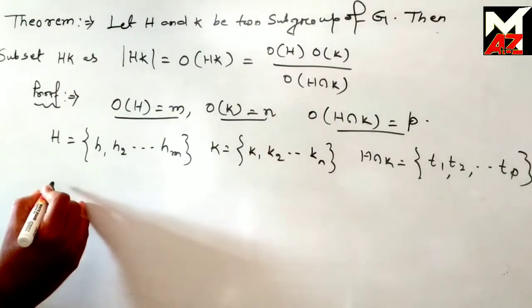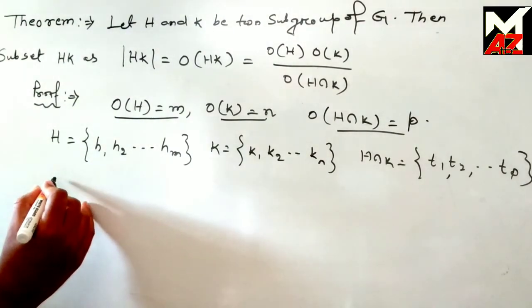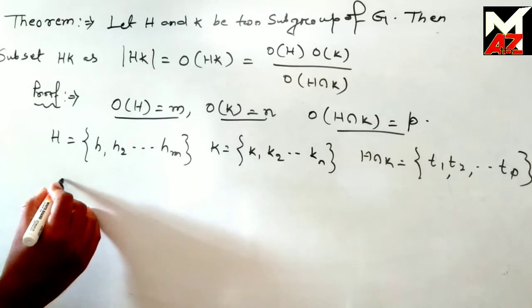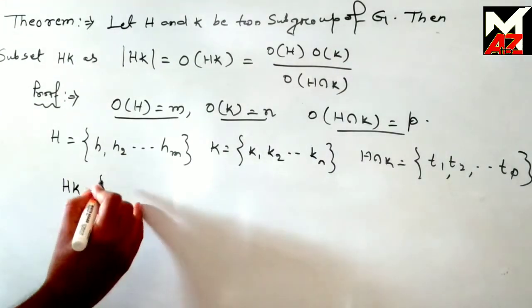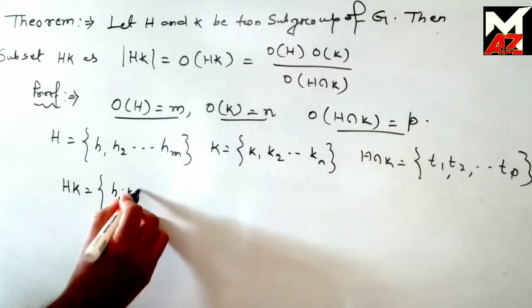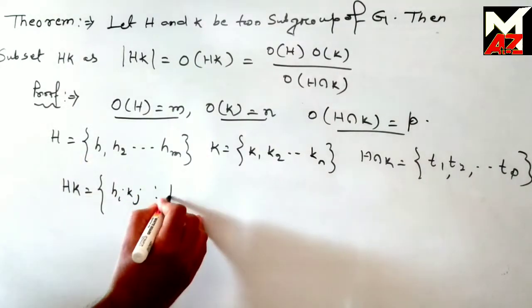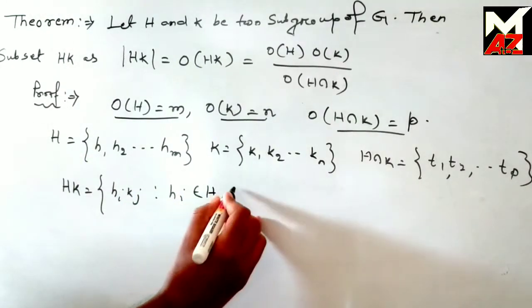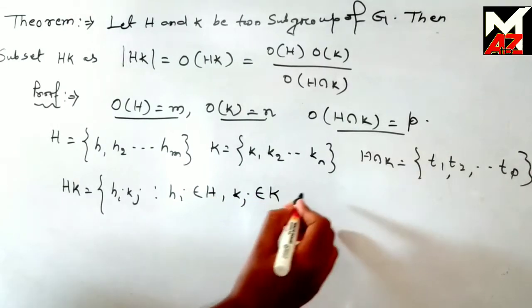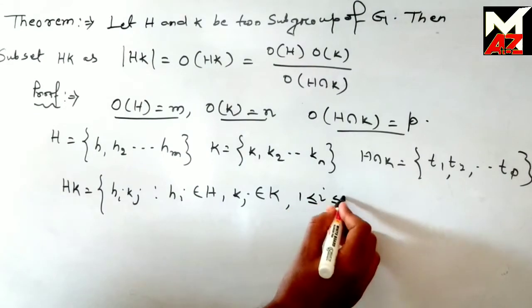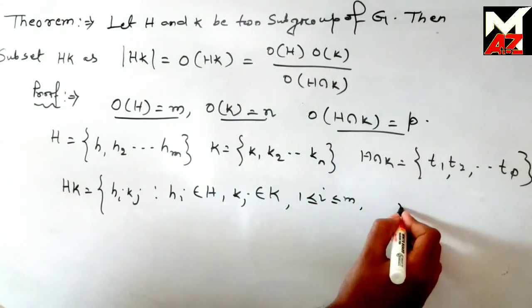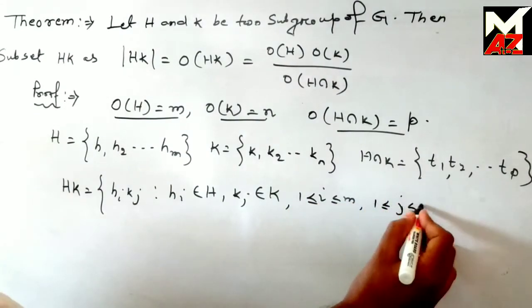Now here we define or write HK as hi into kj, such that hi belongs to H and kj belongs to K, where i lies in the range 1 to m and j lies in the range 1 to n.